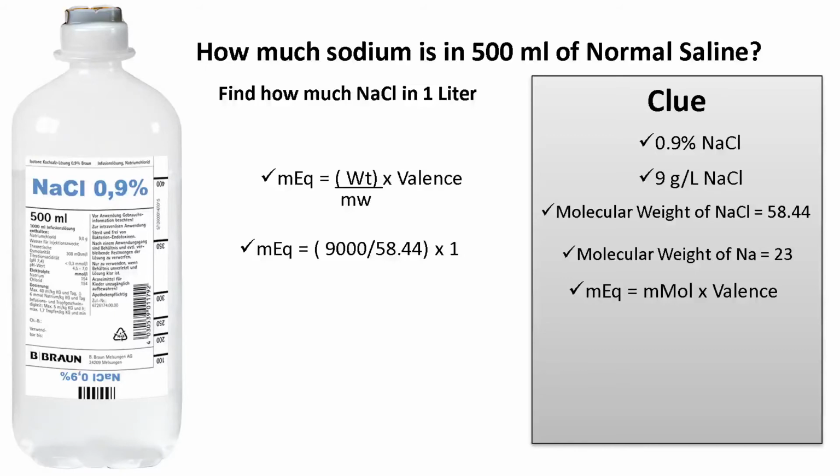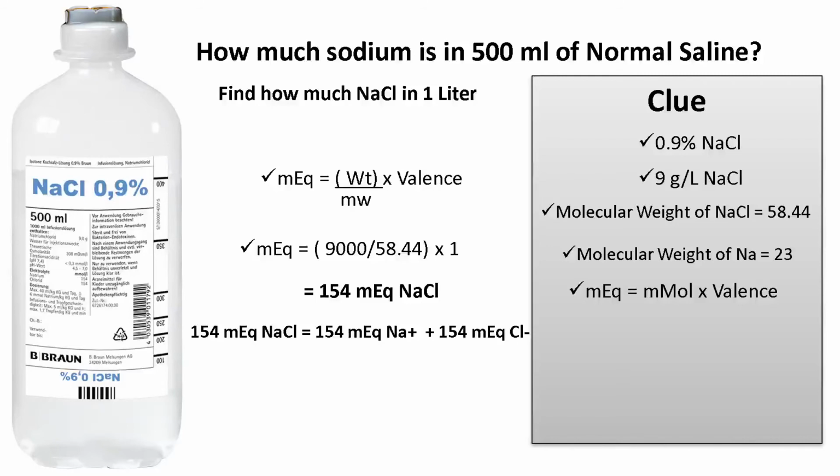We get 154 milliequivalent of sodium chloride is present in 1 liter of normal saline. Therefore, 154 milliequivalent of sodium chloride will dissociate into 154 milliequivalent of sodium plus 154 milliequivalent of chloride ions.